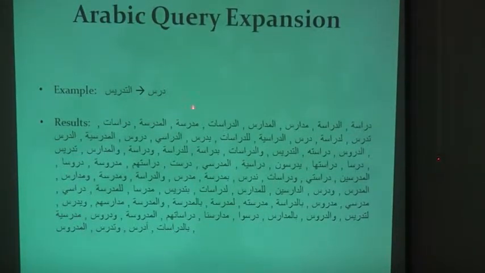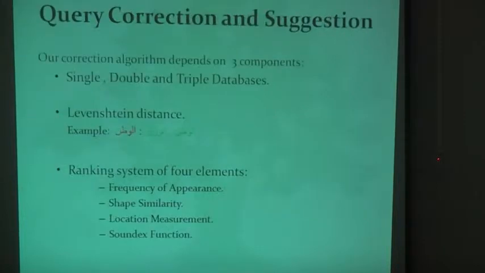Darasa means study. And if you talk about study, then each and every one of these words, and there's quite a number of them, can be associated with this concept. So this is where you may want to expand the query so that the search is not limited to the keywords, but rather to the derivative words as well.